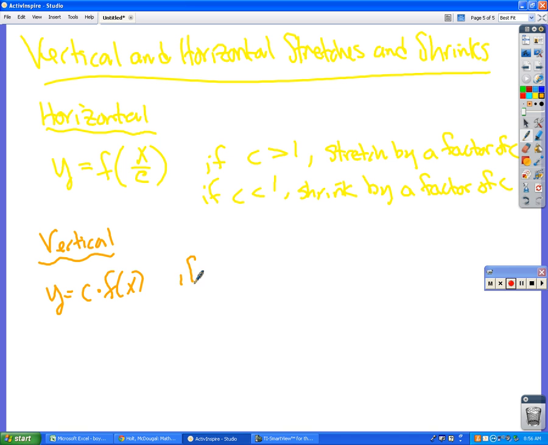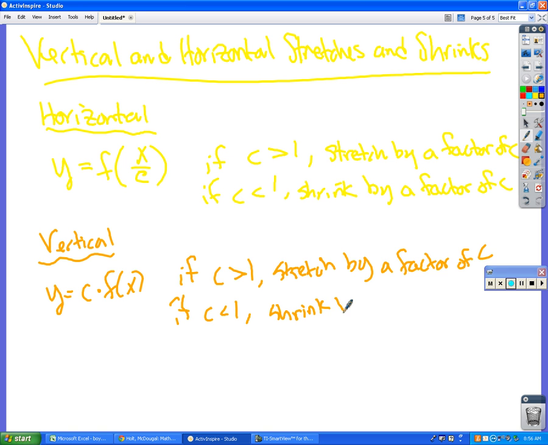And same as before, if c is greater than 1, then it is a vertical stretch by a factor of c. And if c is less than 1, then it is a shrink by a factor of c.